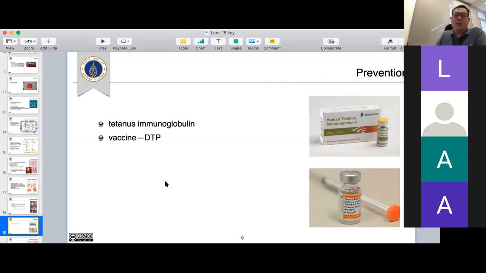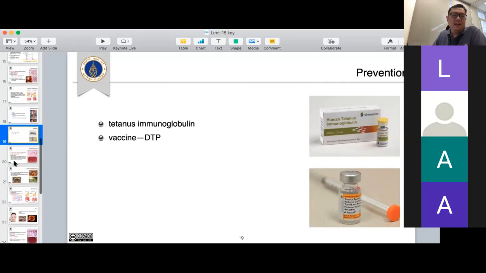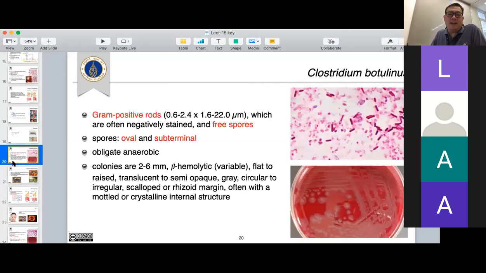So we combine the toxoid together in the DTP. Still remember what DTP is? Yesterday you learned diphtheria, tetanus, and pertussis, right? Yes, diphtheria, tetanus, and pertussis. Pertussis you will learn in the next lecture. That's all you should know about Clostridium tetani.